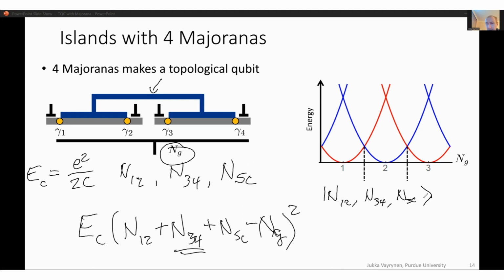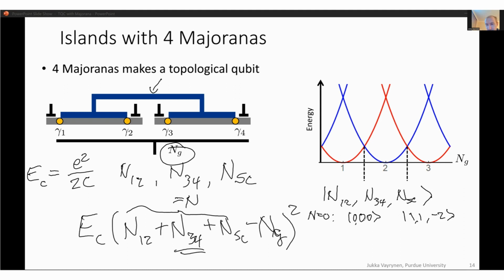And what we see is that if we fix the total charge, so let me start again from total charge equals 0. So the total charge is the sum of these. So n equals 0, we'll have 0, 0, 0. And then there's another state, which is 1, 1, minus 2.